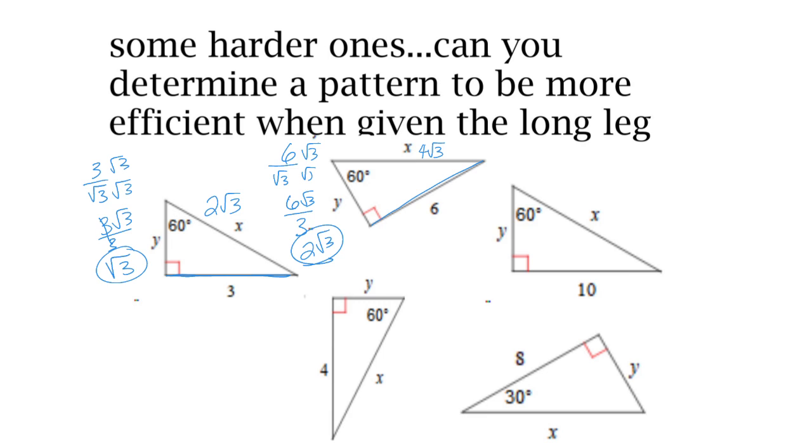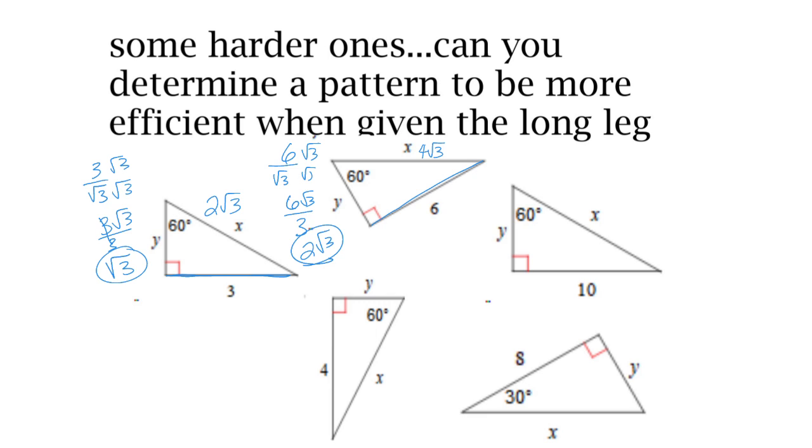If we take our long leg, it's always going to end up being divided by 3 and multiplied by root 3. So if you think about this 3, divided by 3 is a 1, multiply by root 3, there you go. Take your 6, divide it by 3, and then multiply it by root 3. Now I started with a couple that were going to work out really nicely because they were multiples of 3. It isn't always going to play out that way, but the process will always be that way.